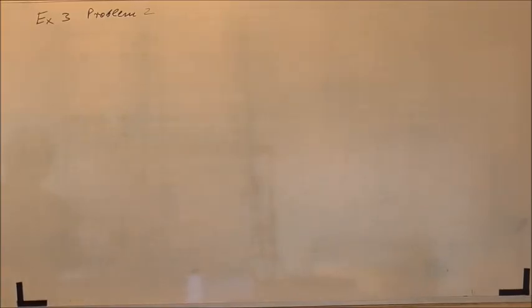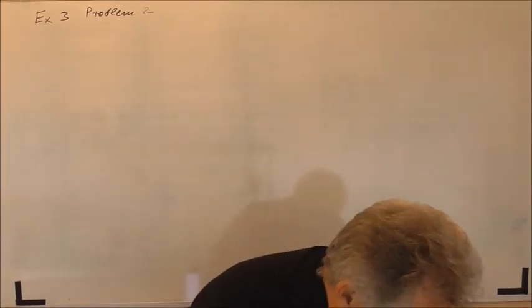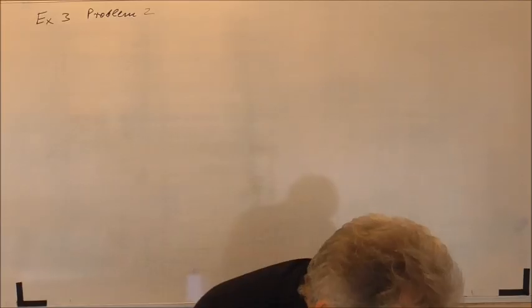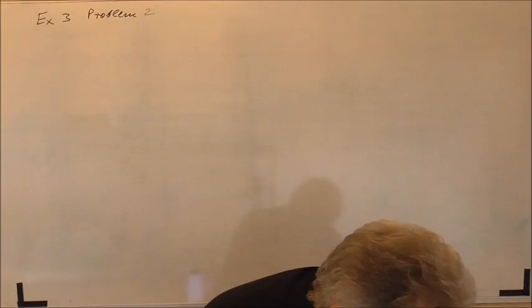So we will deal now with exercise 3, problem 2, and here it is written: for shielding purposes at a frequency of 30 megahertz, a plate of aluminium is used.